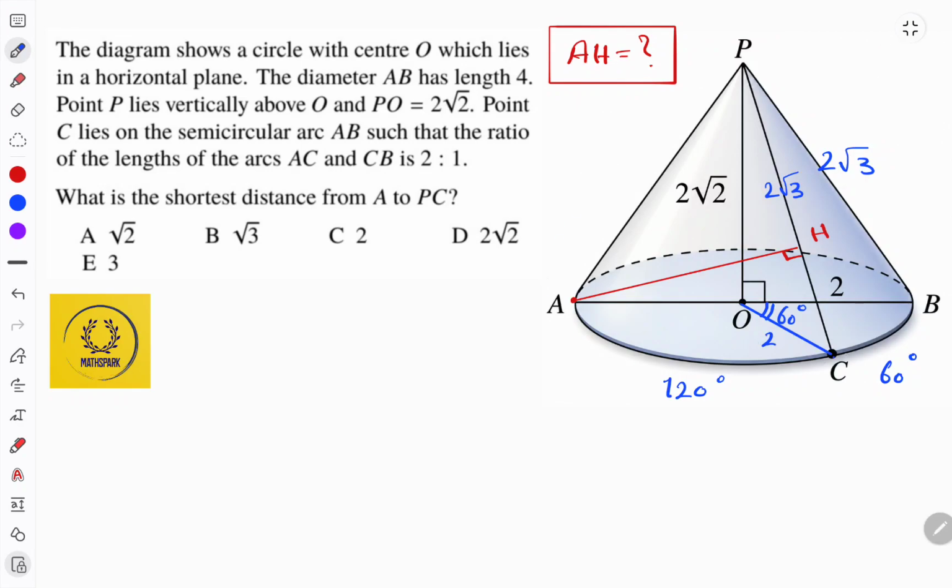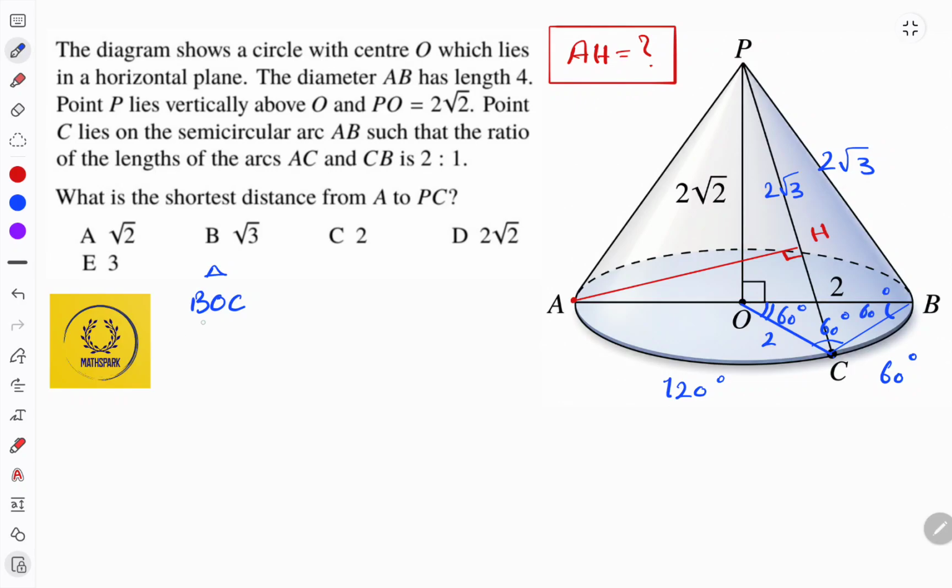And now, if we connect B to C, we have an isosceles triangle, BOC. In triangle BOC, I'm going to find the size of these two angles, C and B. Because OB equals OC, we know that angle C equals angle B. 180 minus 60 is 120, divided by 2 gives us 60 degrees for each.